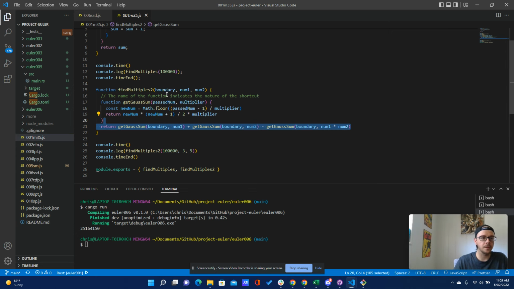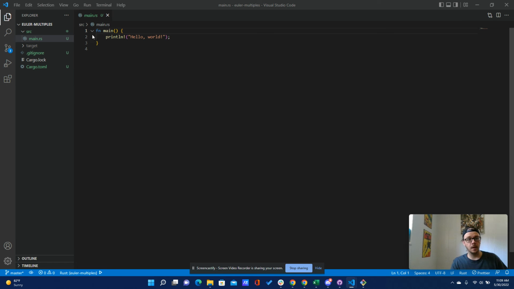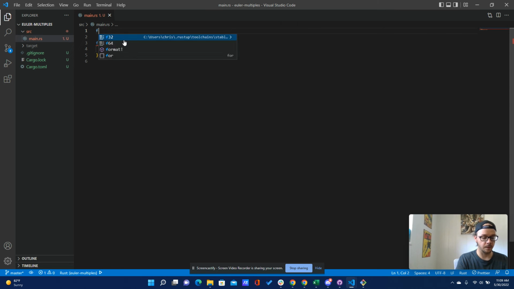We had a function called the Gauss sum. Now we can define functions in main, or we can define functions outside of main. It doesn't really matter. I like to not define functions in main if I can avoid it.